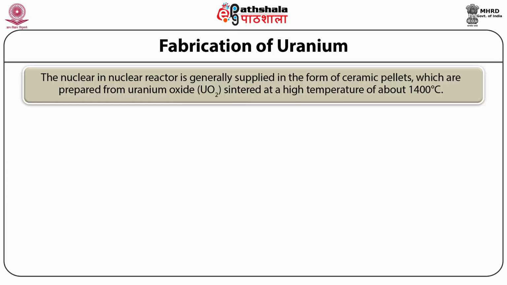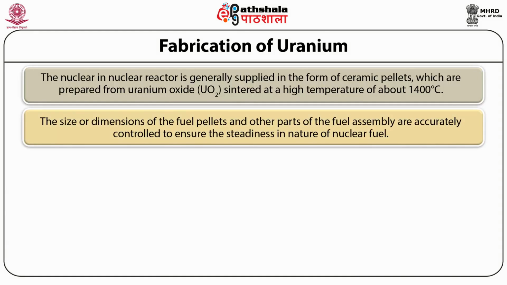The fuel pellets are covered in strong metal tubes to produce fuel rods, which are organized into a fuel assembly ready to be placed into a nuclear reactor. The size or dimensions of the fuel pellets and other parts of the fuel assembly are accurately controlled to ensure the steadiness in nature of the nuclear fuel.